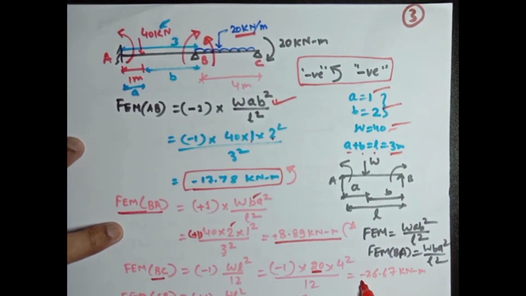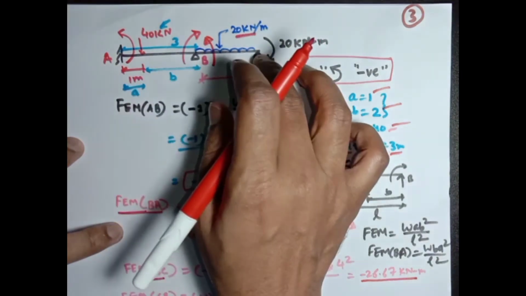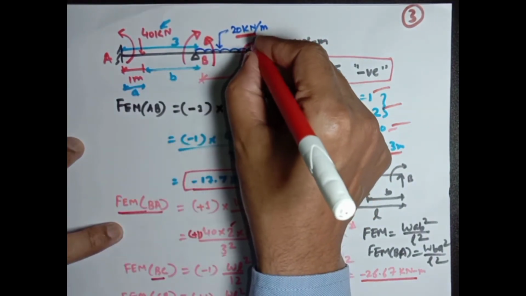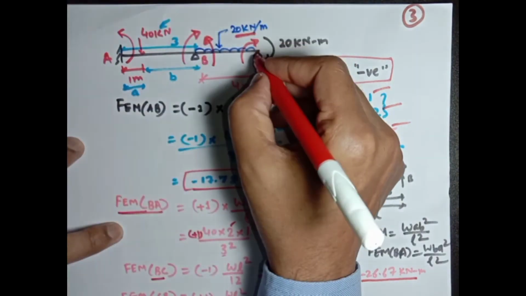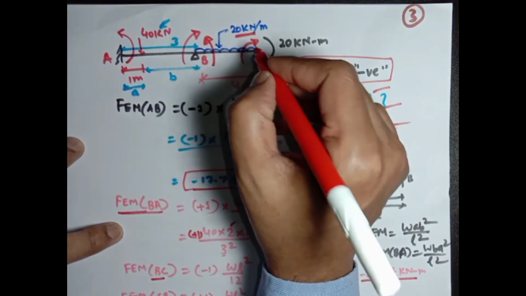We are getting a value of minus 26.67 kilonewton meter. And for CB, which is a clockwise moment, it will be a positive WL squared by 12. The same value applies here as the load and length are the same: 26.67 is the fixed end moment for CB.